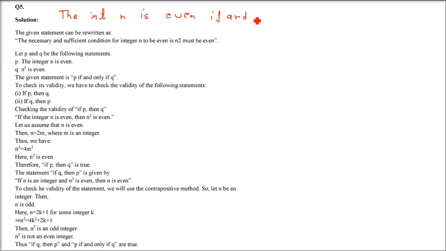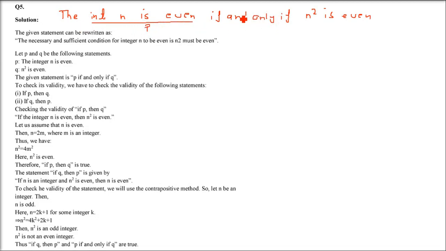This if and only if is the main thing. So the necessary and sufficient condition for integer n to be even is n square must be even. This you can write, and you can extract two component statements from this compound statement.